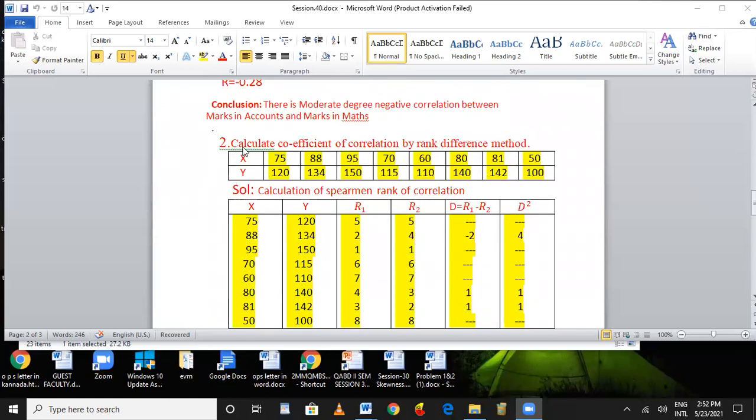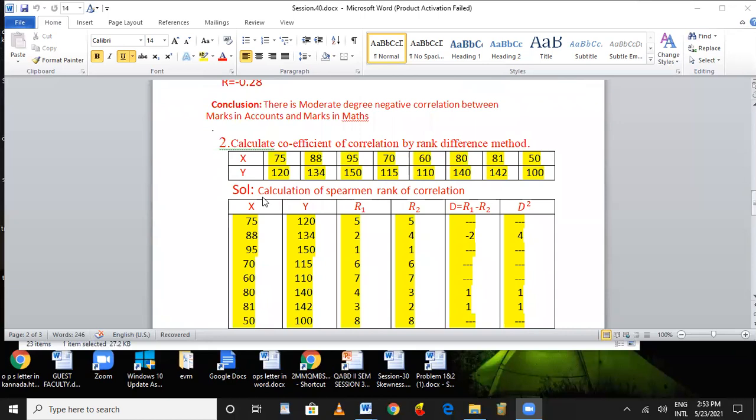Then in the second one, calculate the coefficient of correlation by the rank difference method. Here they have given X as 75, 88, 95, 70, 60, 80, 81, 50, and Y as 120, 134, 150, 115, 110, 140, 142, 100.